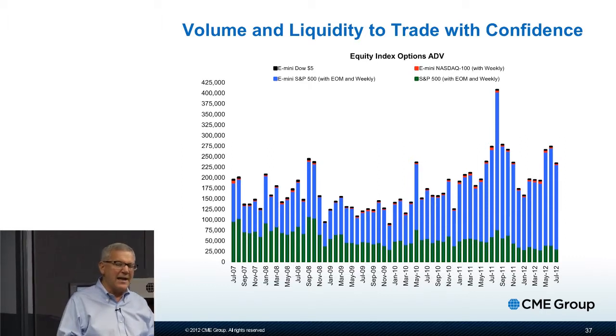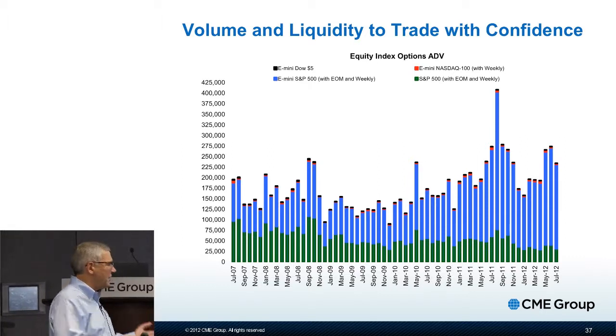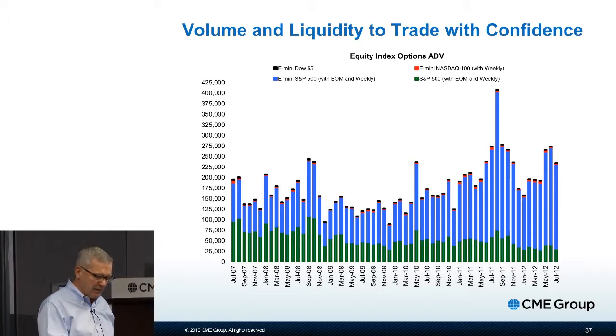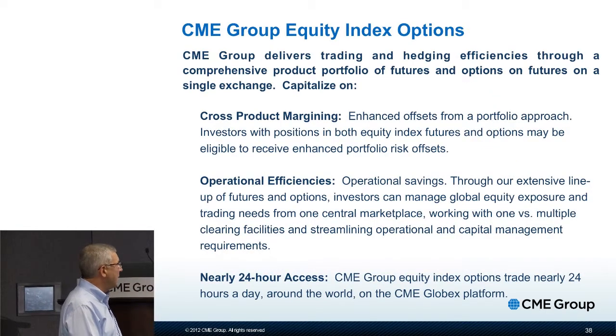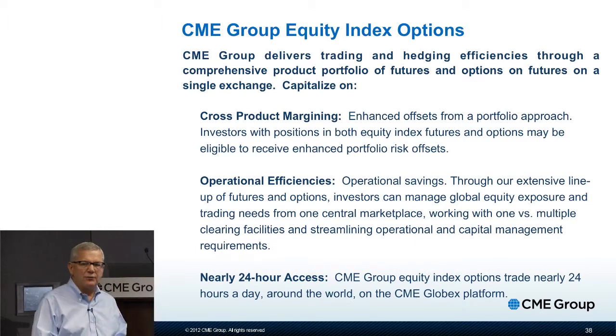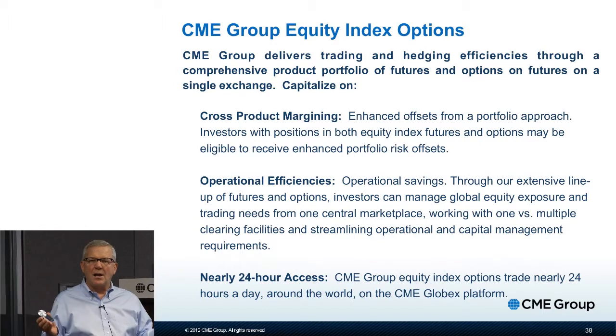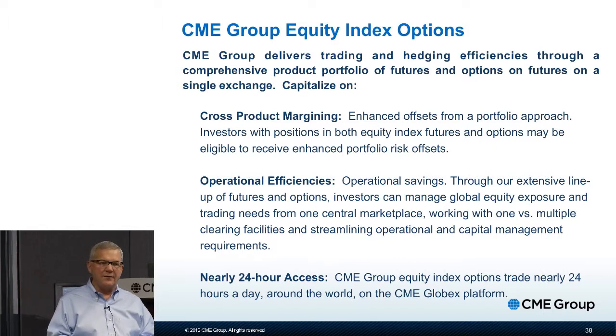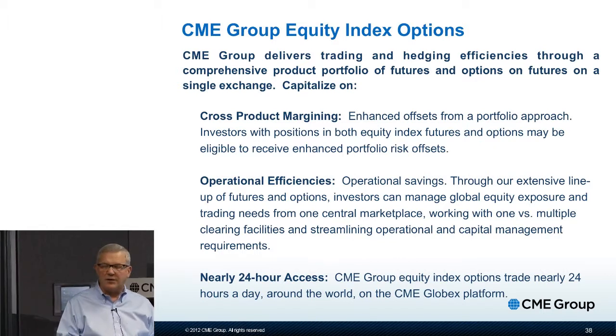It's not as dramatic or as complex as some of the other product suites, but it's pretty straightforward, which seems to attract a lot of interest. We have two product offerings. We have the large product, which trades on the trading floor with a $250 multiplier, which is basically an institutional sized product. If the index level is 1,000, the value of that is obviously $250,000.